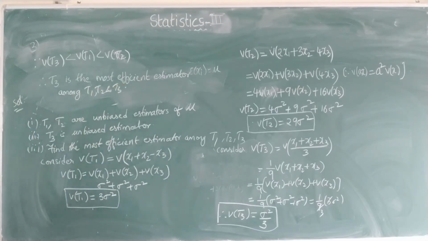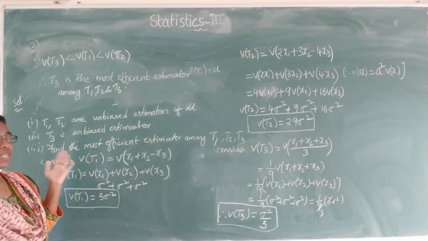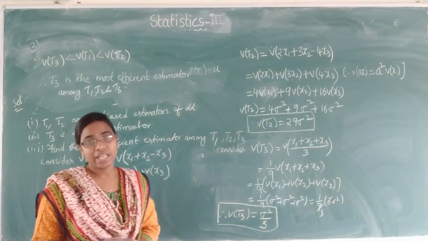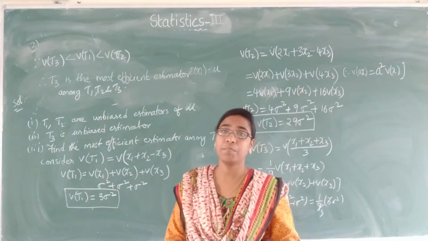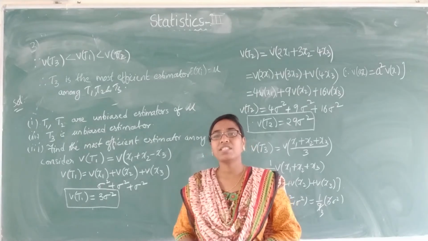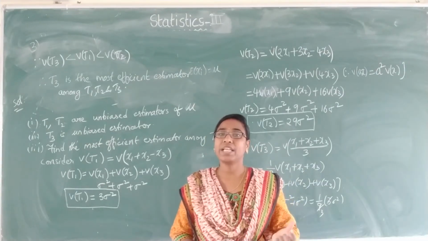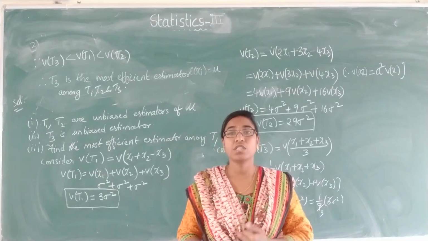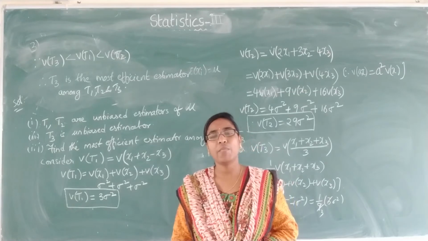So this is the procedure for finding the efficient estimator. The estimators will be given, whether it is T1, T2, T3 or any other estimators. The notations may be different or the same. Based on those estimators, if they ask to find the unbiased estimator, you will find the expectation of that estimator. If that value equals the given parameter, it is called the unbiased estimator.